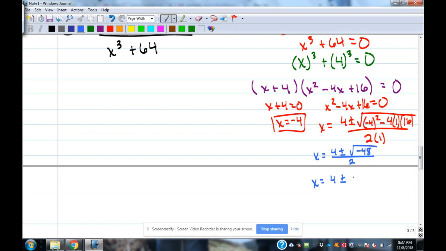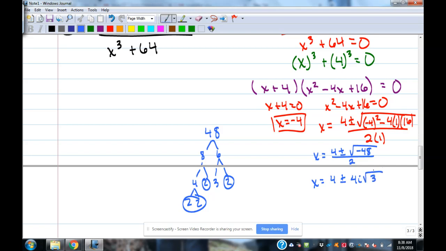4 plus or minus. If I break down 48, that's 8 and 6. 8 is 4 and 2, 2 and 2. 6 is 3 and 2. So we've got 2 pairs of 2s. So that's a 4i on the outside.